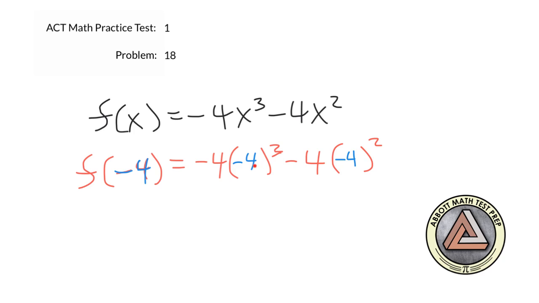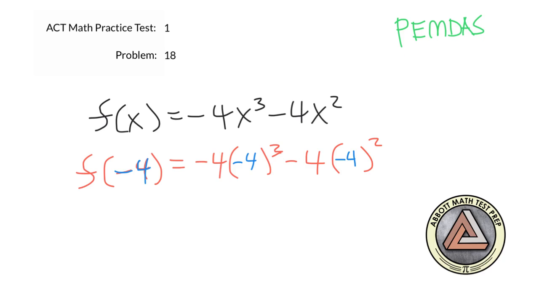The reason I need to worry about that first is because of PEMDAS. PEMDAS is the order of operations. Some of you might have learned a different acronym, but this is a pretty common one, where P stands for parentheses, E stands for exponent, M stands for multiplication, D division, A addition, S subtraction.